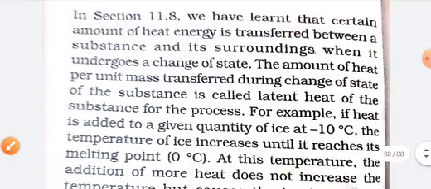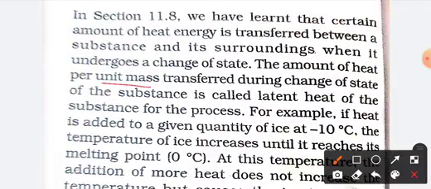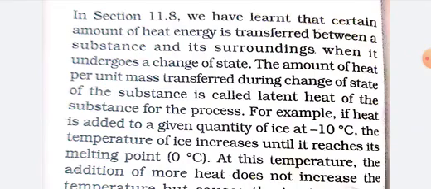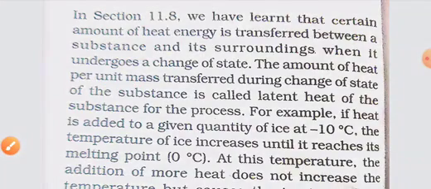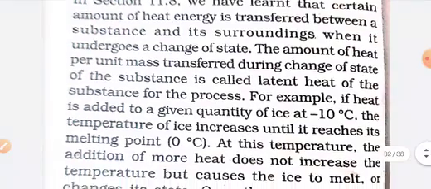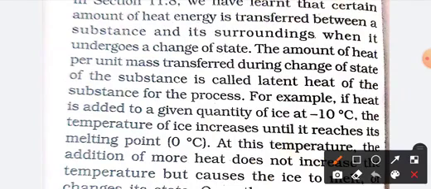For example, for 1 kg of water, how much heat we take from the water for changing it from the liquid state to the solid state, that means converting water to ice. Then how much heat is given in that process is called the latent heat of the substance.